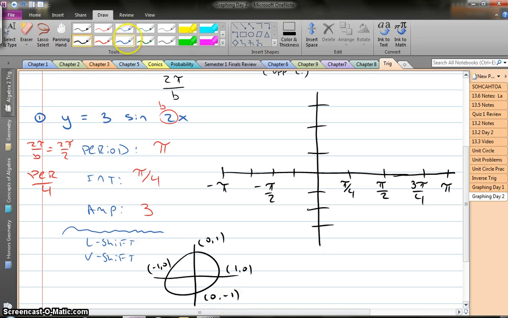We're dealing with sine. Sine always starts at 0, and it's positive. So we follow it around like we always do. My first goes up to 3, back down to 0, back down to negative 3, back to 0.